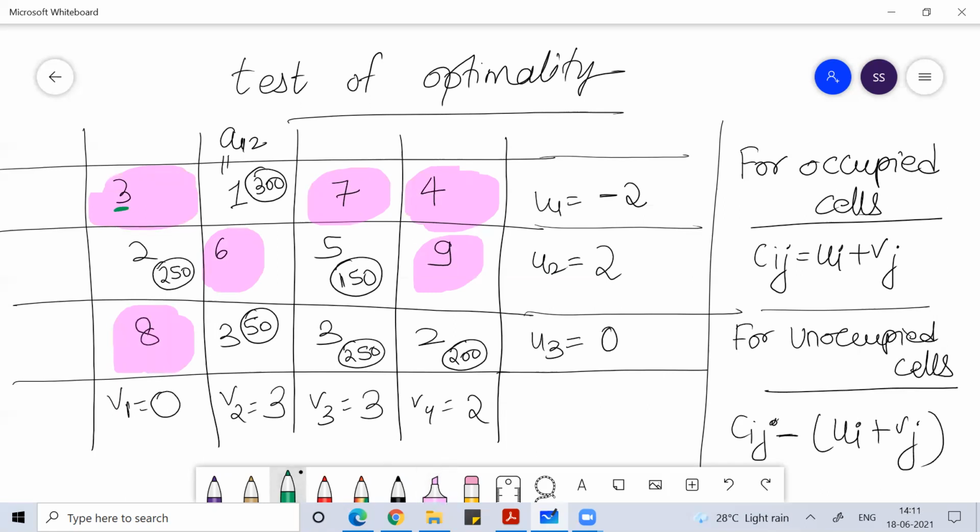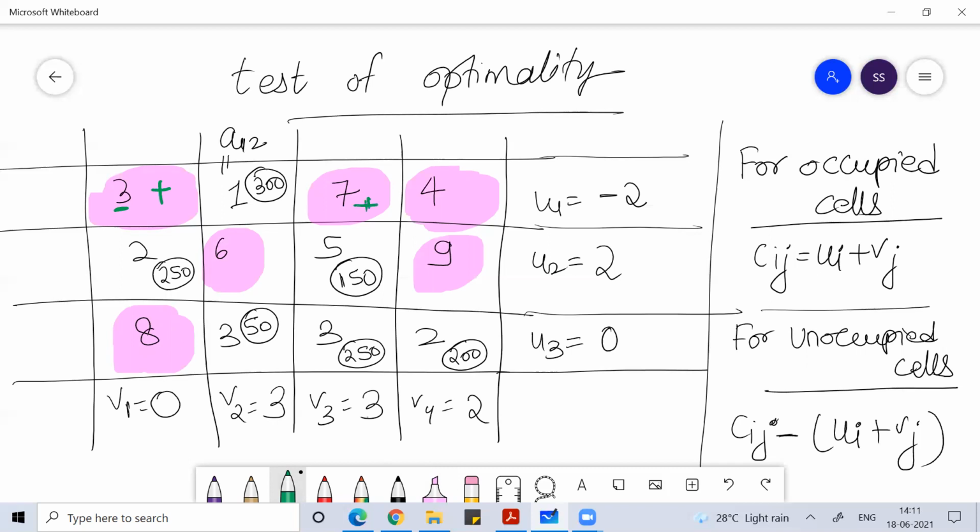If you see the cost here is 3, and Ui plus Vj, that is 0 minus 2, is minus 2. So 3 minus (minus 2) means positive. You'll get positive, means fine. Then you see this: 3 minus 2 is 1, 7 minus 1, positive.